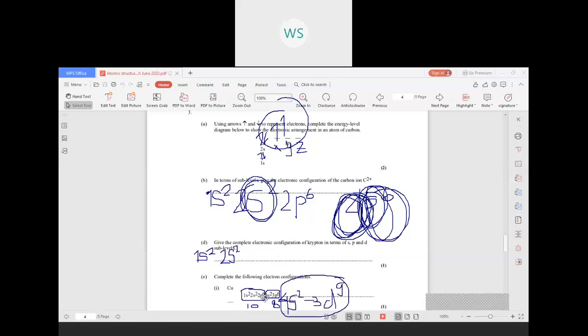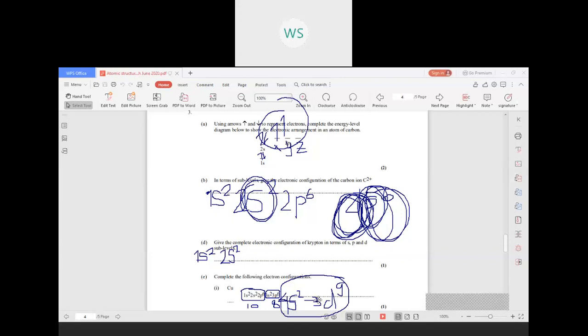According to the quantum number 4 and 3, which one is in the outer shell? 4 or 3? It is 4.